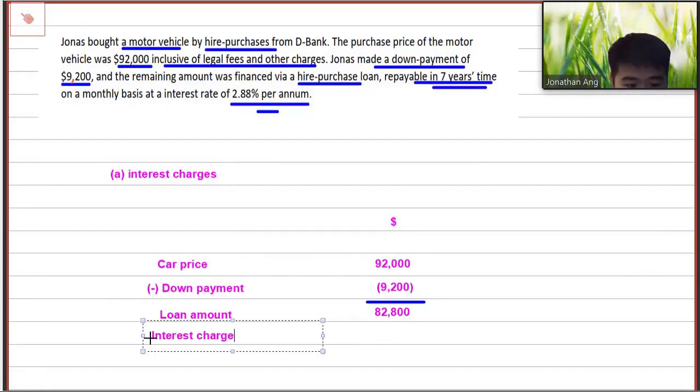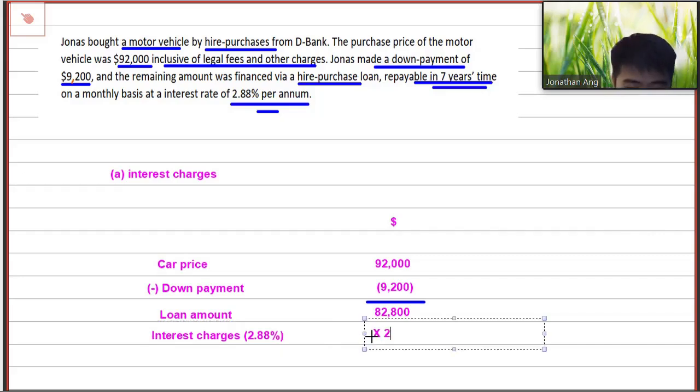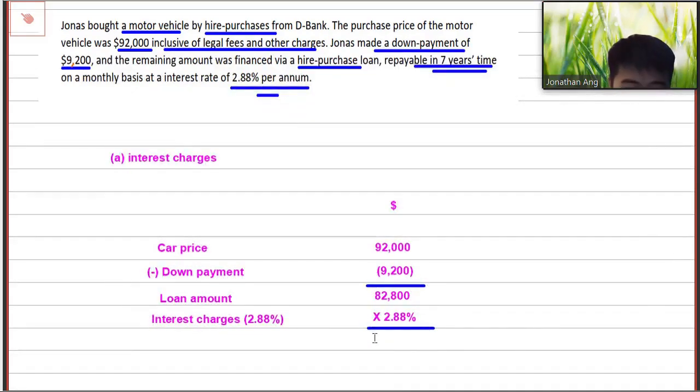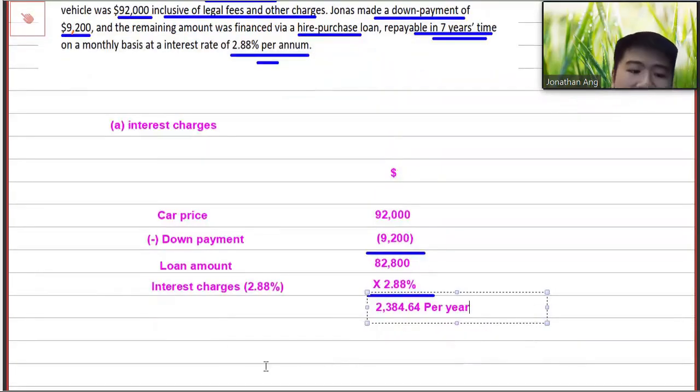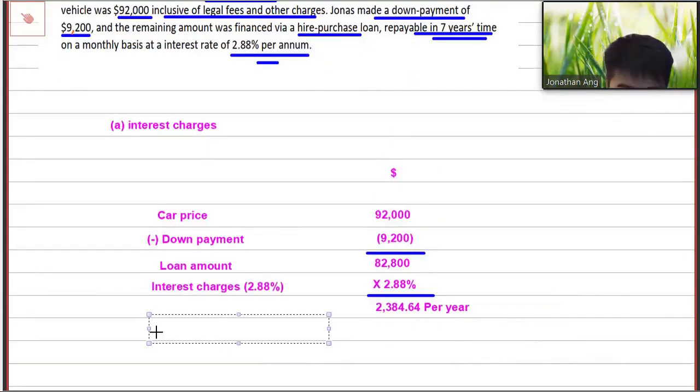Now, your interest charge is supposed to be 2.88% per annum. So what you do? You multiply by 2.88% per year. So it will be 2,384.64. Please remember this is per year. This is the amount of interest per year. And how long did you take the loan for? You take it for a 7 years loan.